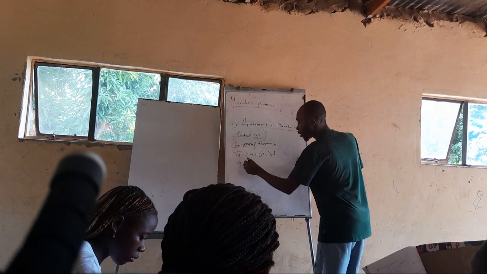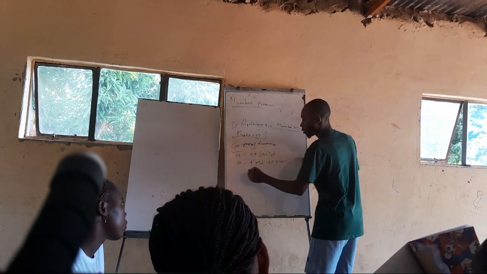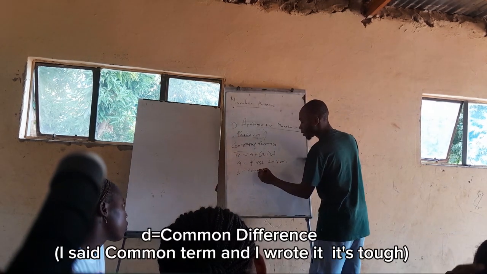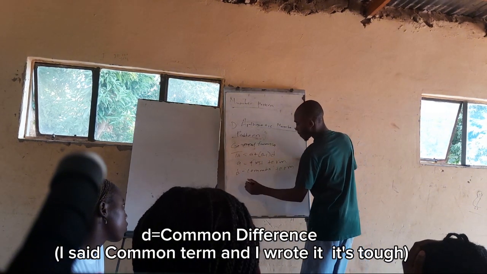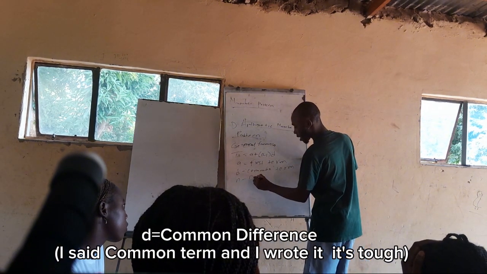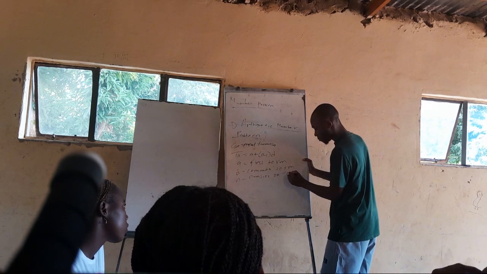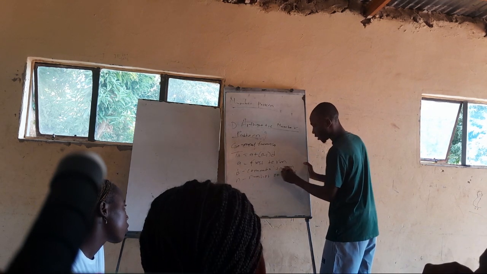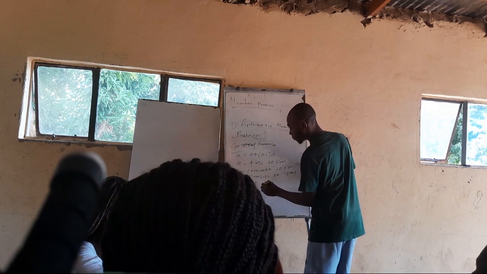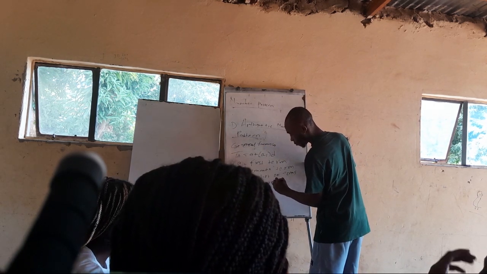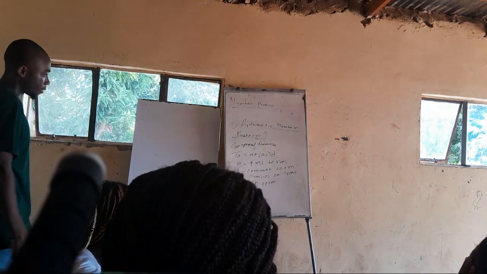Where a represents the first term, d represents the common difference, and n represents number of terms, where Tn represents the nth term. That's the arithmetic number pattern.